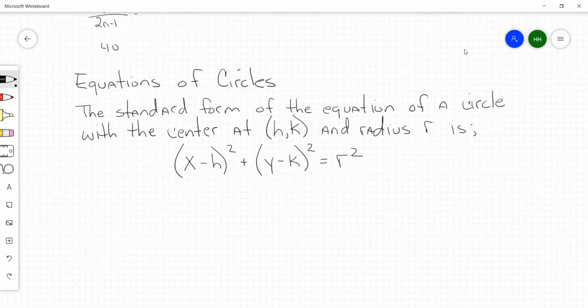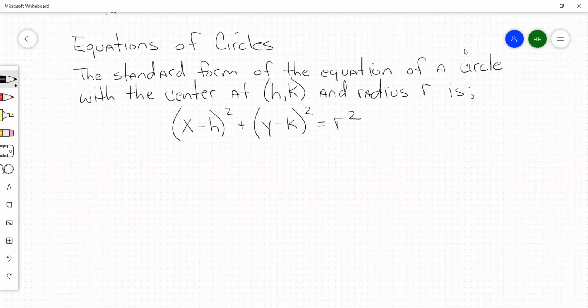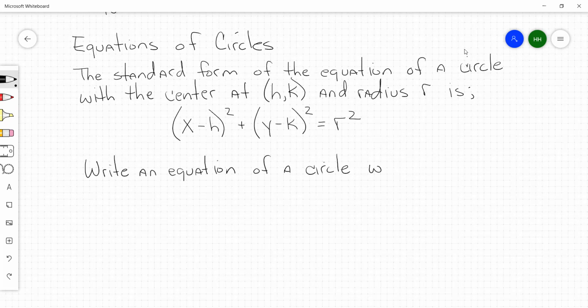So here's what that means. If you have to write an equation of a circle with, let's do it with, we're going to say center, radius, equation.